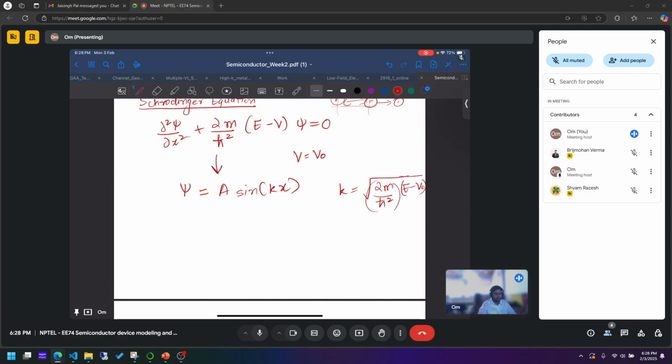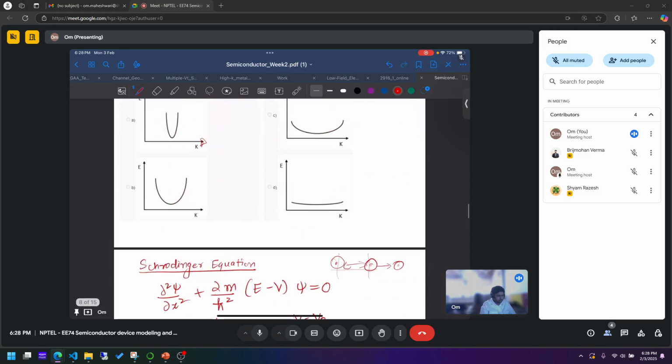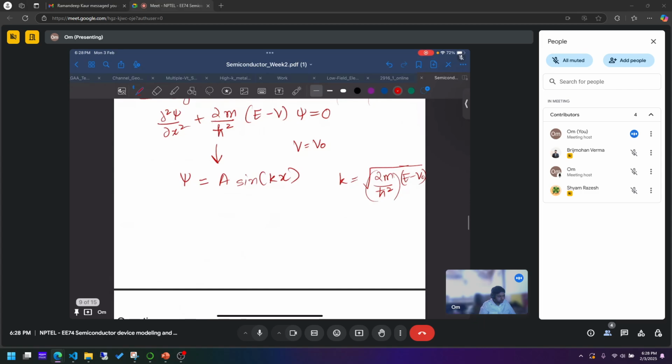So this is a simple solution of the Schrodinger equation. Basically here we have just plotted E versus K. If we look at this part, it gives us a relation between E, K and m.